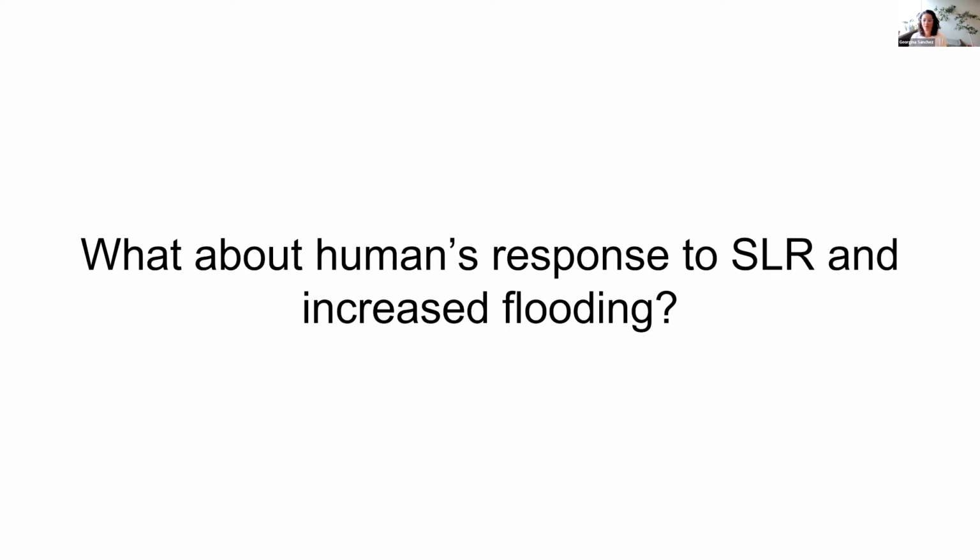Now, people are becoming more aware of the increased risk of flooding associated both with climate change and sea level rise, and they will respond to this threat. We see more and more communities and planners adapting to mitigate risk. The challenge here is that our models and our future scenarios should also consider how communities are adapting and responding to the increasing threat of flooding.